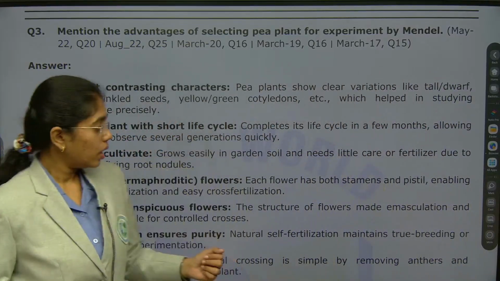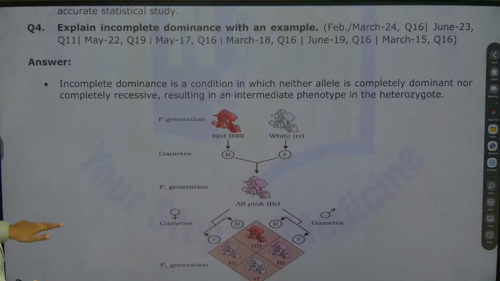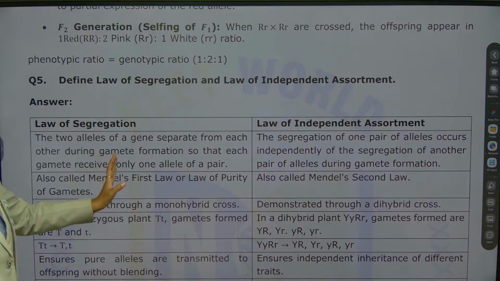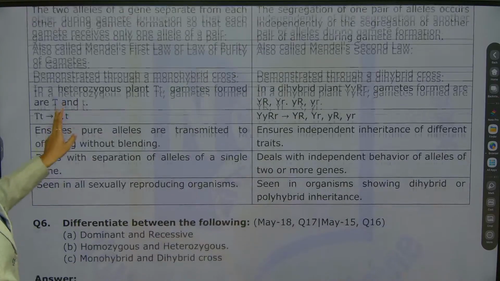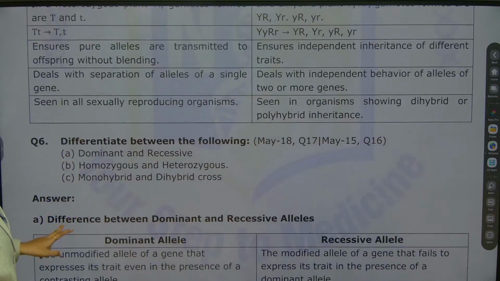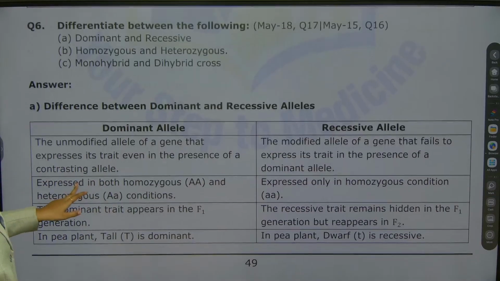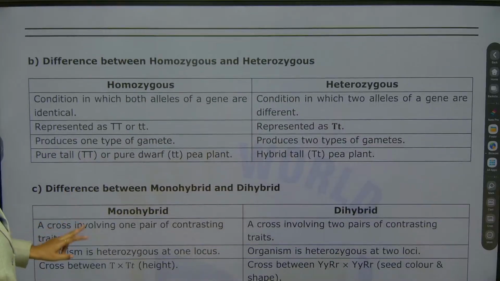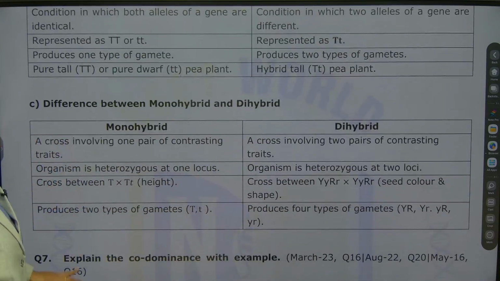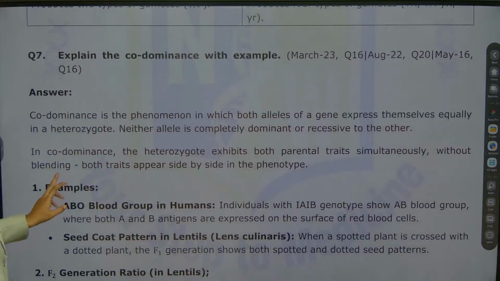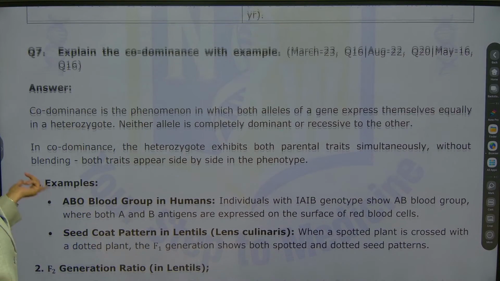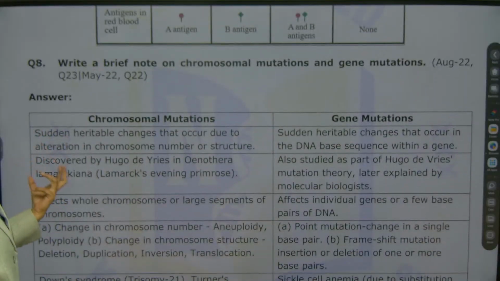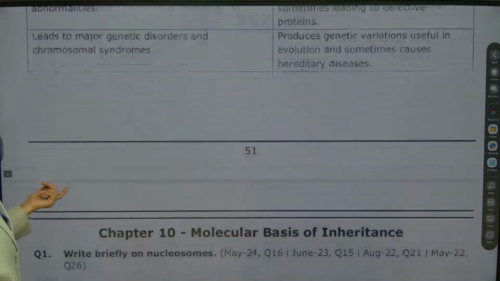Then we saw the law of segregation and the law of independent assortment, comparative analysis. We also looked into the differences between dominant allele, recessive allele, homozygous, heterozygous, monohybrid cross and dihybrid cross. And then we looked at codominance, chromosomal mutations and gene mutations.